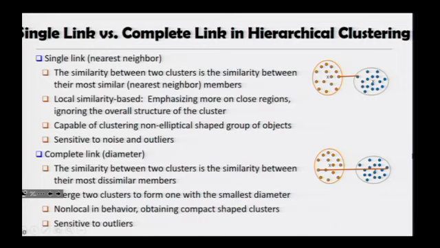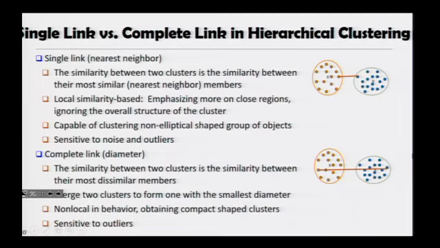So you pick one from cluster A and one from cluster B, and make sure the distance between this A and B is close. Using this single link definition, you can measure the similarity between any two clusters.